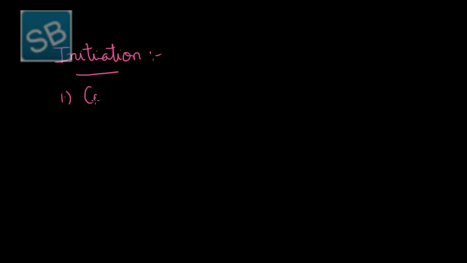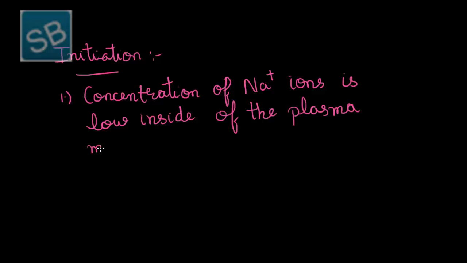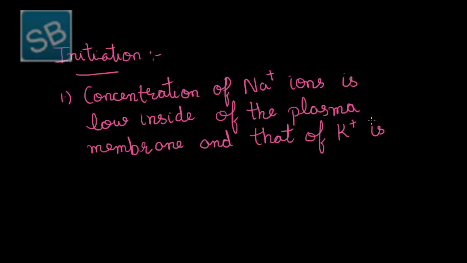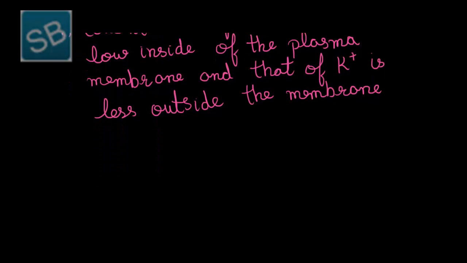First, the concentration of Na plus ion is low inside the plasma membrane, and that of K plus ion is less outside the membrane. Therefore, a sudden change in the influx of the ions takes place.